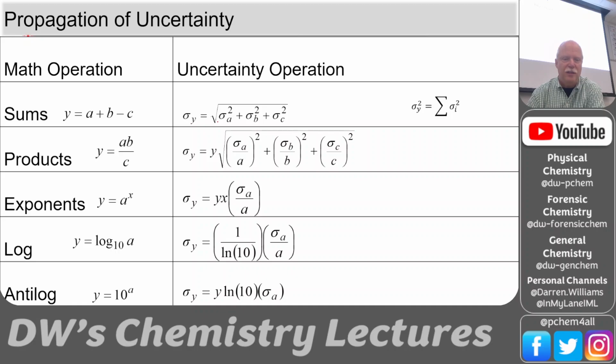If you'll notice this equation here, this is giving you what you want. You want the uncertainty in Y, right? So this is our result Y, and we want to know the uncertainty in Y. And so these squares, so sigma squared is called the variance.